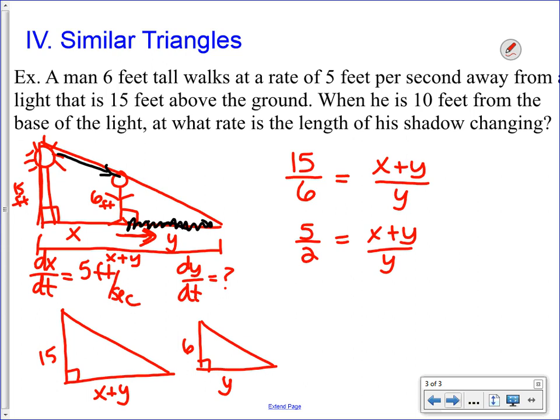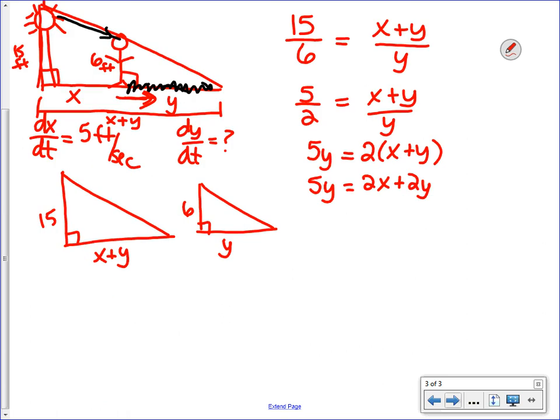So we're going to get 5 times y equals 2 times (x plus y). And then I would go ahead and distribute the 2. And then we could even combine our like terms, meaning, subtract 2y on each side, and get 3y equals 2x.